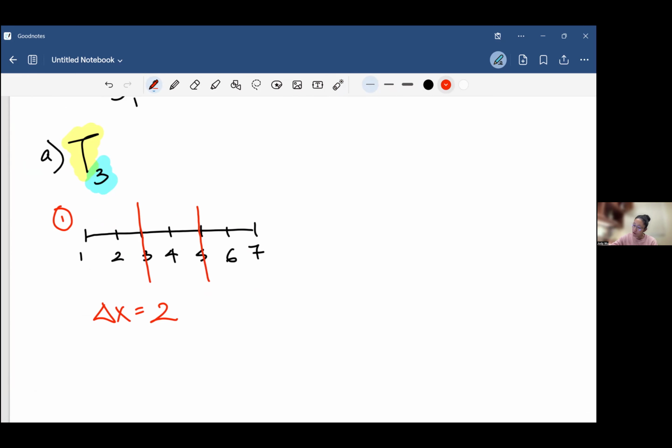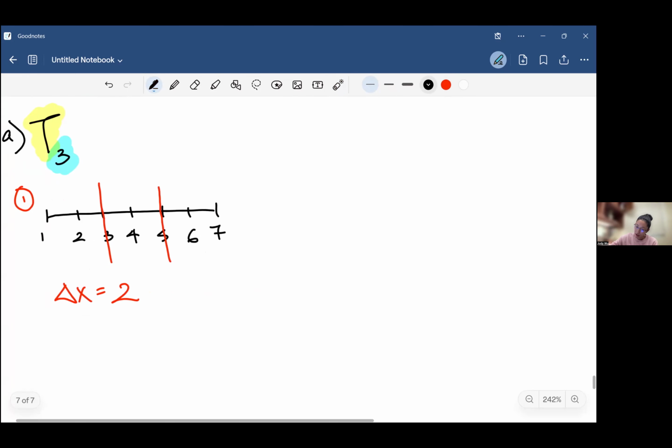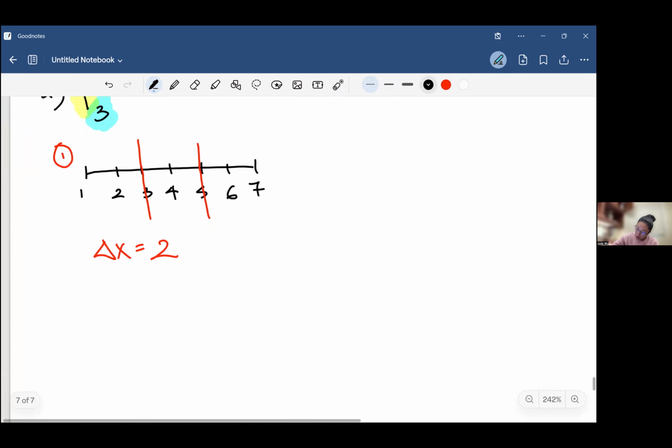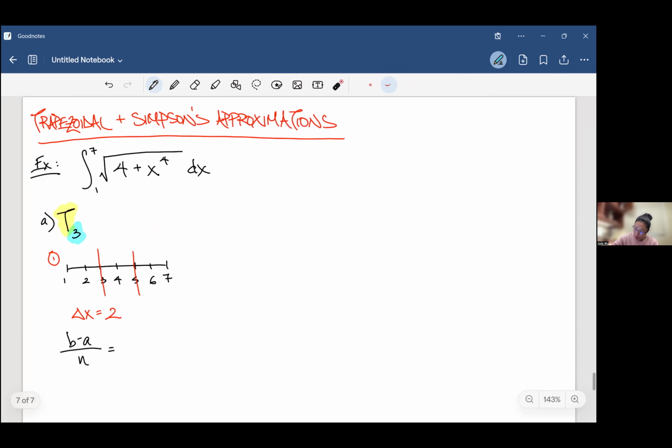But for some of us who like a formula, another way you can think about that is b minus a over n. Now, what do I mean by that? I mean b, which is 7, a, which is 1, and n, which is 3.